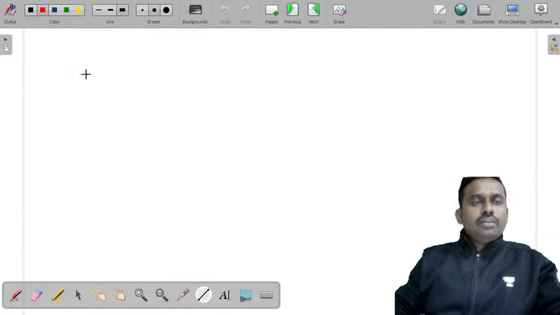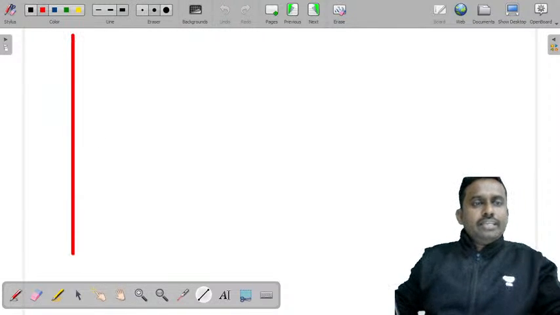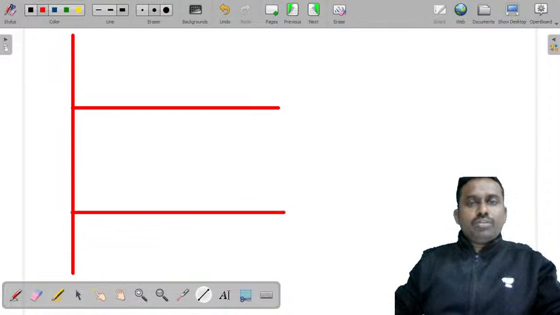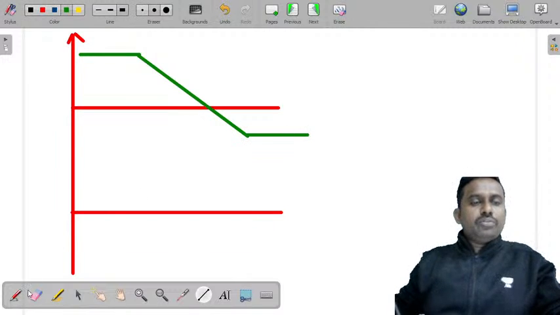Now let us say you have a magnitude plot and a phase plot. So we will draw this Bode plot on a semi-log sheet, and let's say this magnitude is something like this. This is the magnitude plot, and the phase angle plot is this.